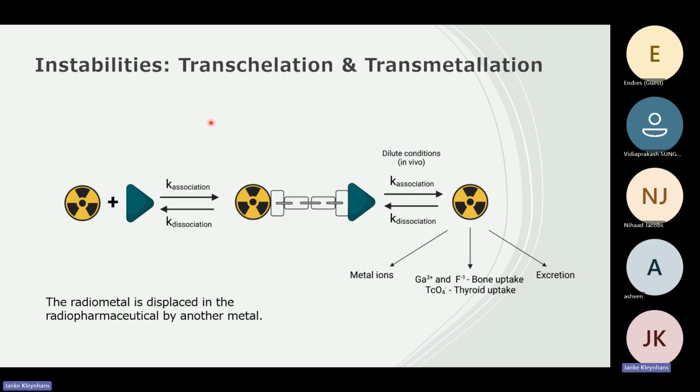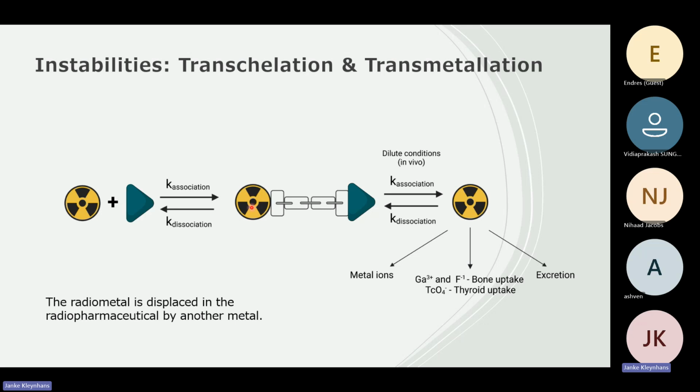So as I said, instability is really important, so we will spend two slides on that. There are two options, transchelation and transmetallation. They basically do exactly the same thing, but you should know the two differences. Transmetallation is where the radiometal in the radiopharmaceutical is displaced by another metal.